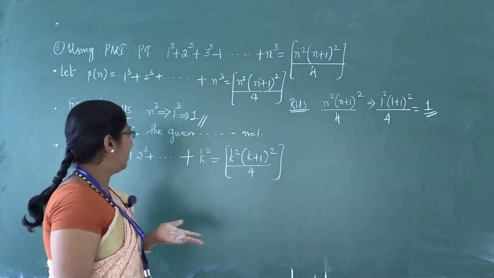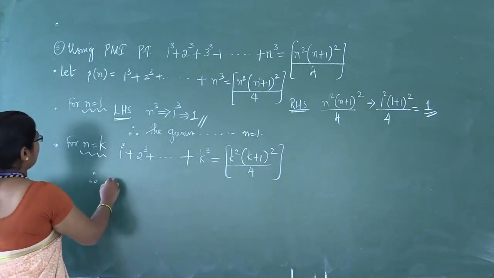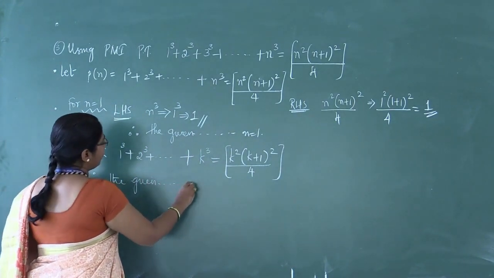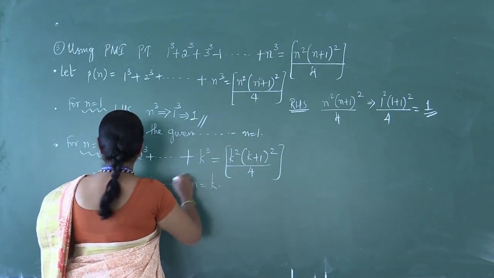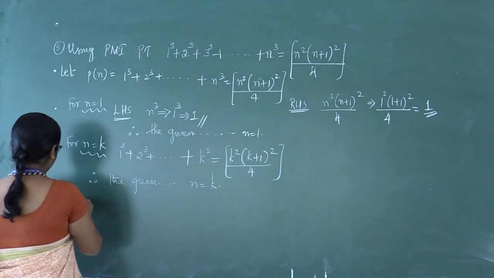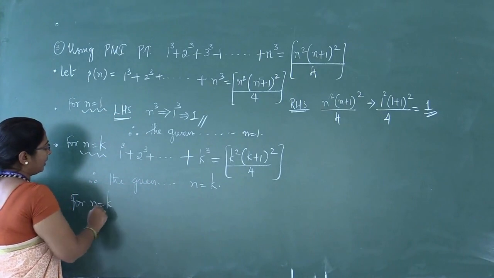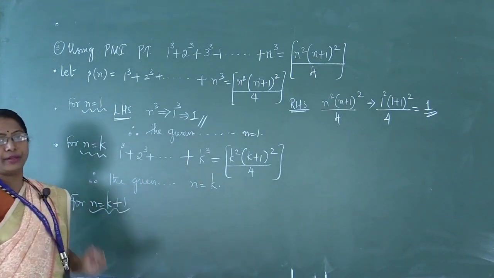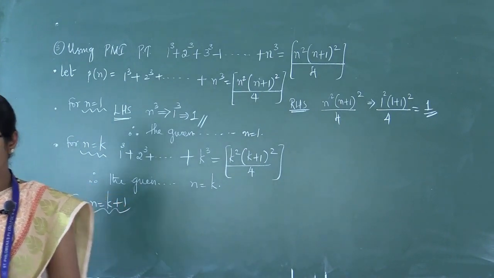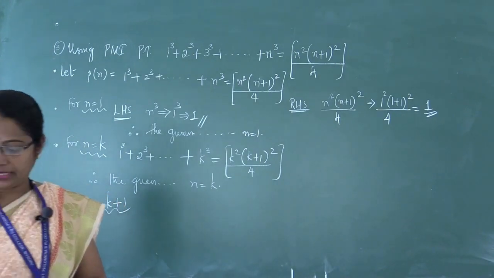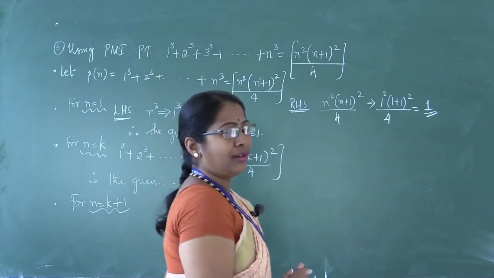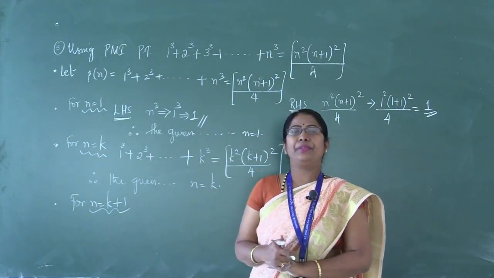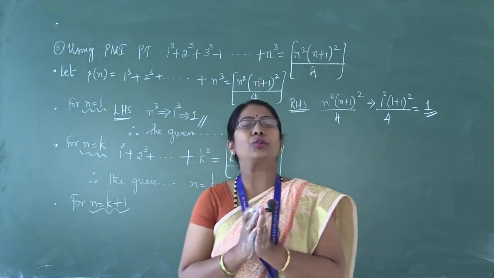Next, moving on to the last step of the problem. What is the last step of the problem? Using step 3, we shall prove the given statement is true for n equal to k plus 1. In this step, what did we do in the last two problems?